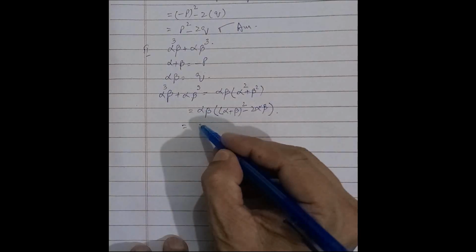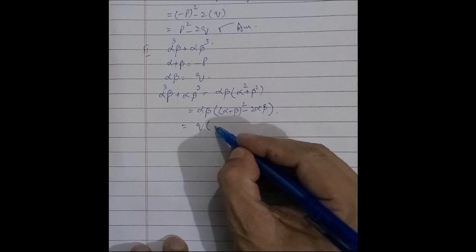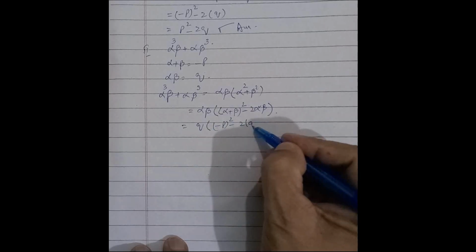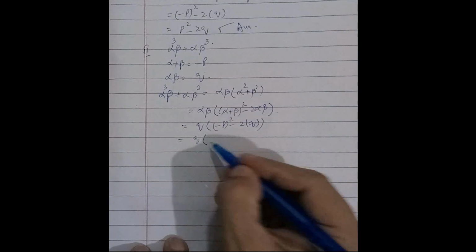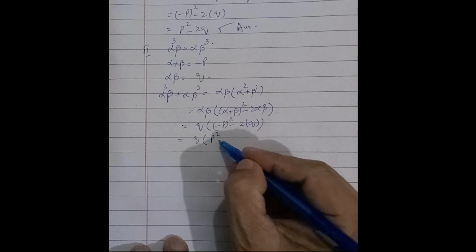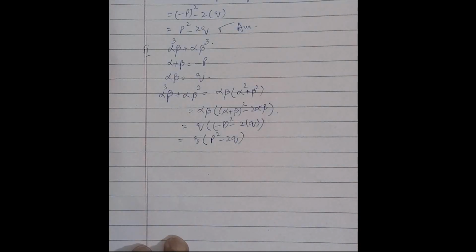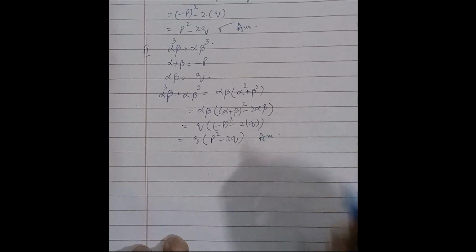We get alpha beta is q, alpha plus beta is equal to minus p whole square minus 2 into q. Now simplify these values. We get q into p square minus 2q, and it is the answer of part second.